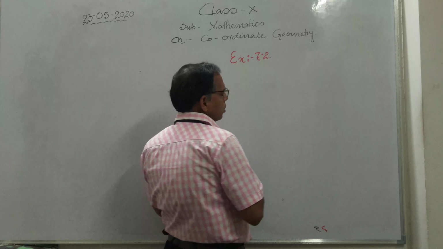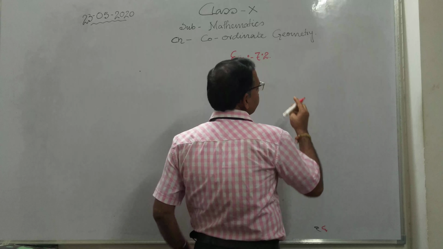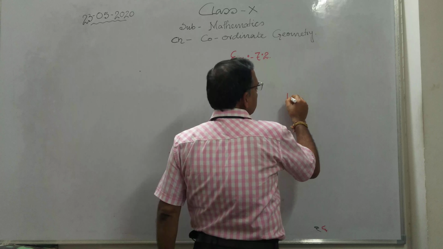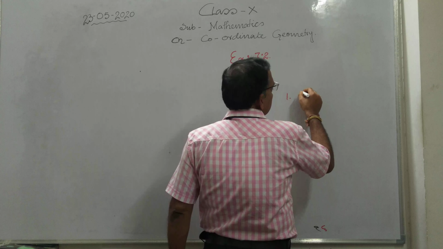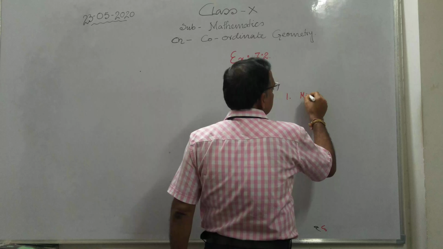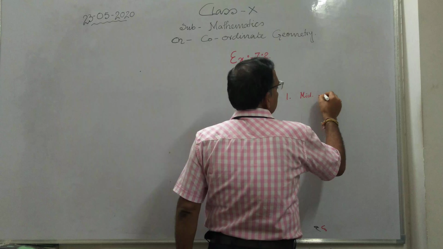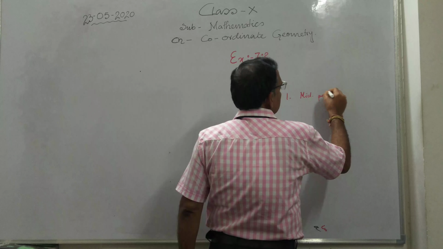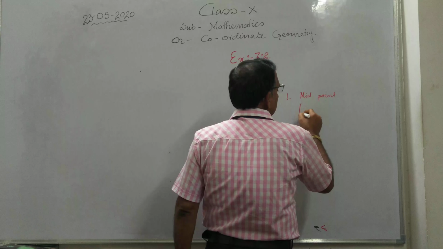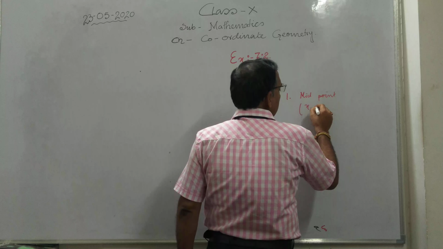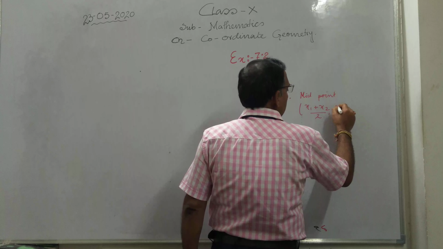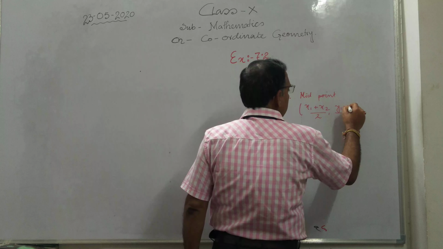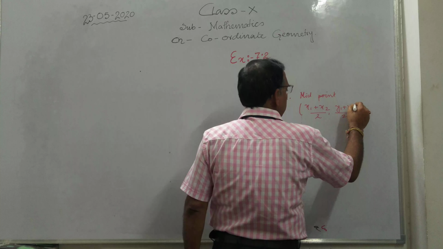Last class, section formula, there were two. First one was the midpoint: x1 plus x2 divided by 2 and y1 plus y2 divided by 2.